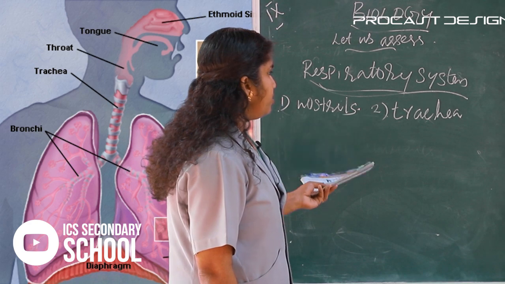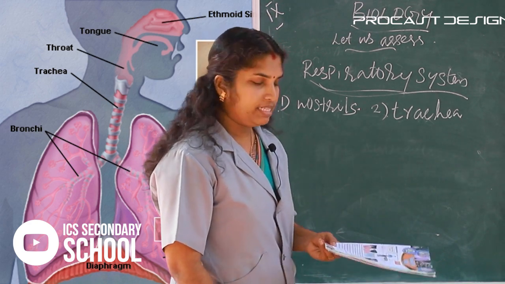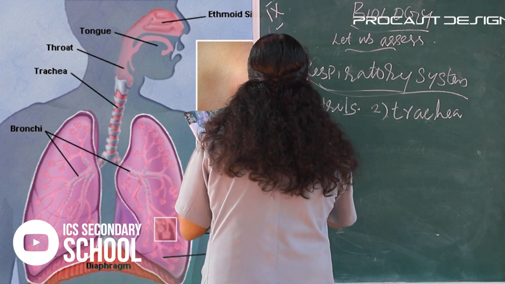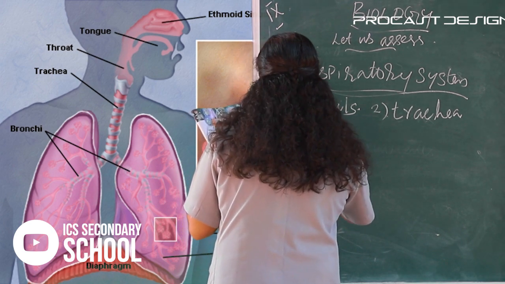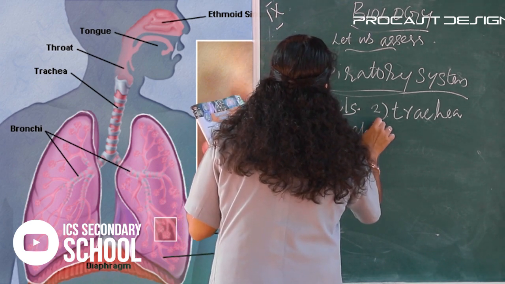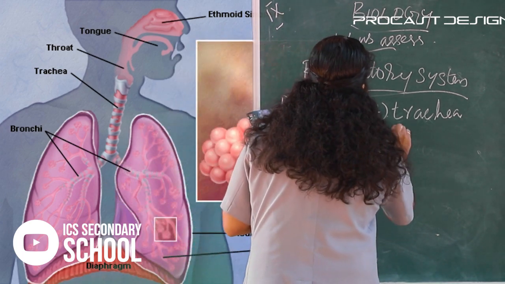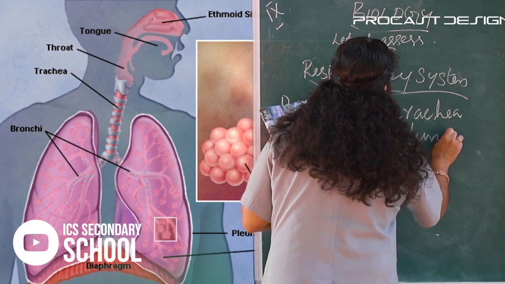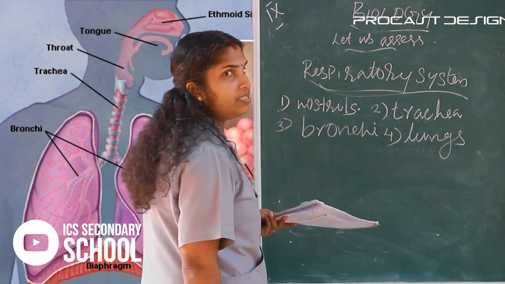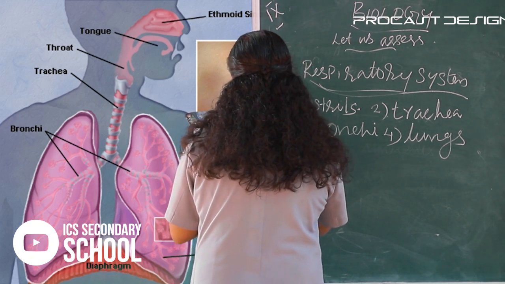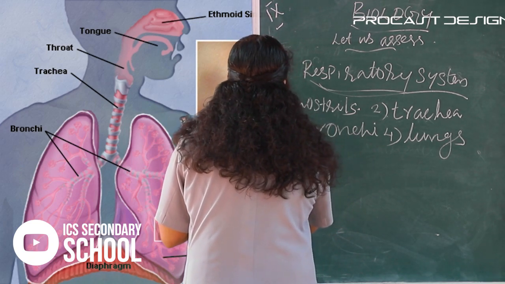First one is nostril, second one is trachea, third one is bronchi, B-R-O-N-C-H-I. Fourth one, lungs. The main part of our respiratory system is the lungs. Fifth one, bronchioles.